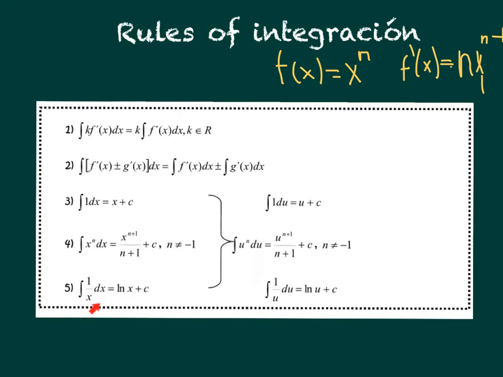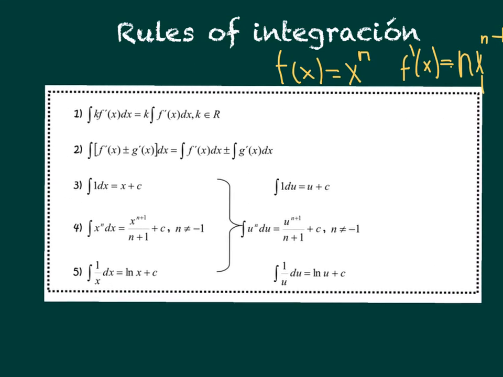The exception for this rule, which is n equals -1, will be the integral of 1 over x times dx. Let me move this up a little because I need some space. Remember that x to the negative 1 can be written as 1 over x.